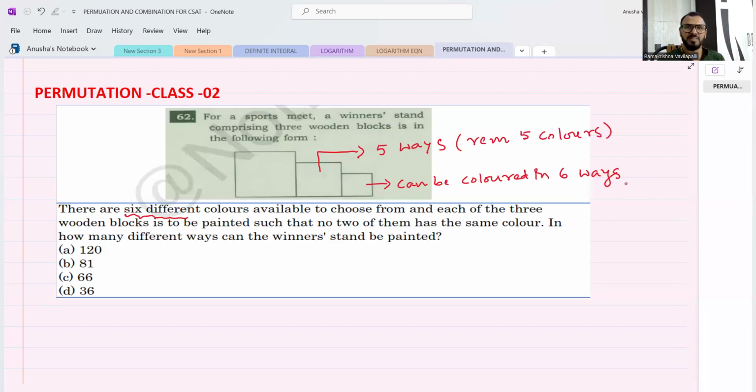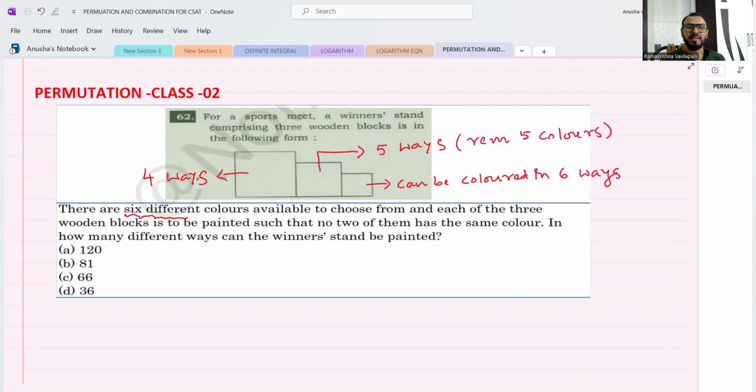First block is colored in 6 ways, the second block with the remaining 5 in 5 ways, and the third block is left. This third block can be colored with the remaining 4 colors, so it can be painted in 4 ways.